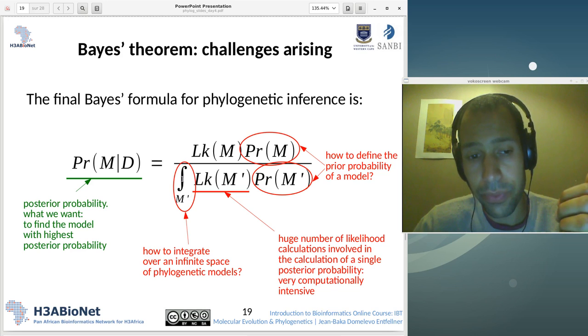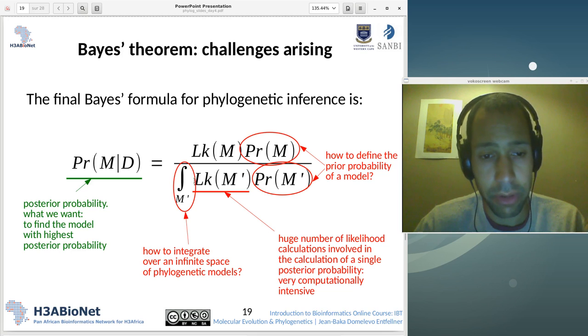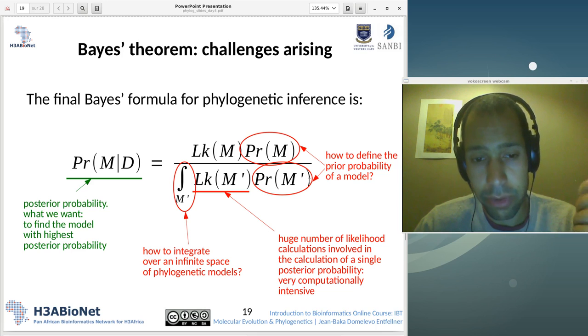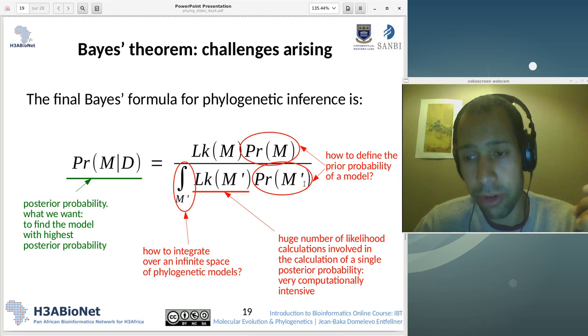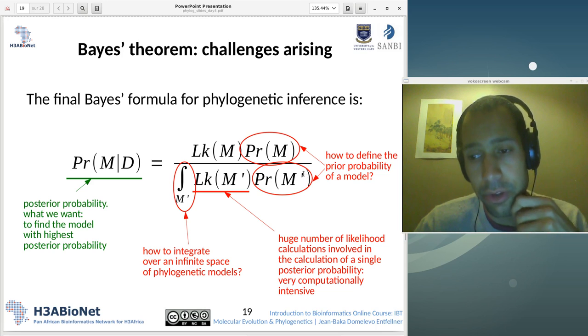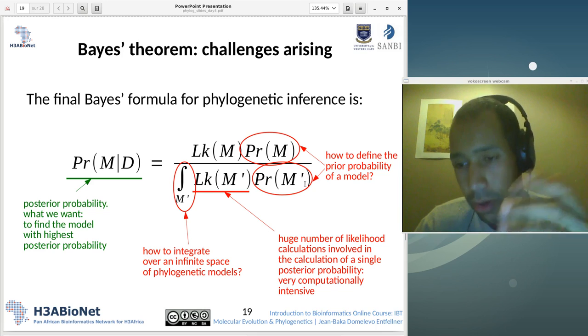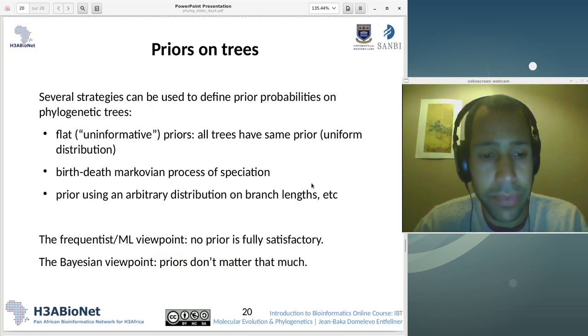And for the approximation of this by a finite sum to make sense, we have to make sure that we cover lots of the space and that the models that we don't include in our finite sum are models that would lead to a very low value of likelihood times prior, basically a low value of the likelihood.